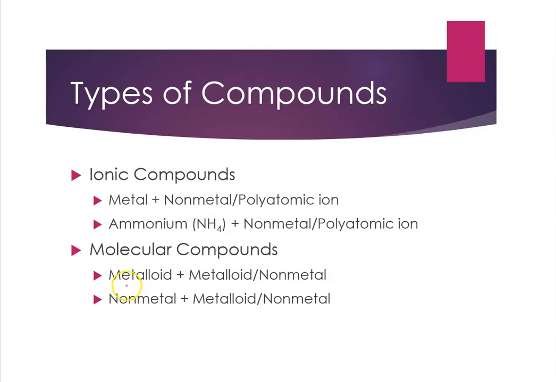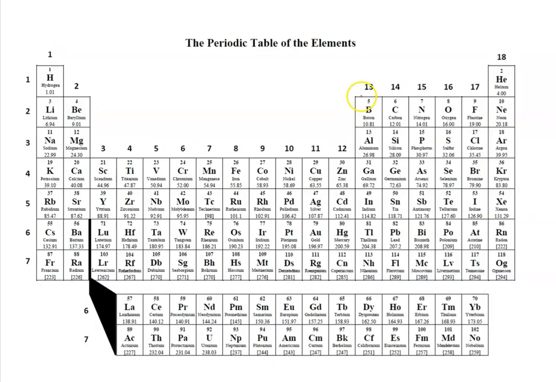So basically, you can have a metalloid plus a metalloid, a metalloid plus a nonmetal, or a nonmetal plus a nonmetal. So we really do need to understand where the metals, metalloids, and nonmetals are on the periodic table. Our metalloids are kind of from boron all the way down, and that's sort of our dividing line.